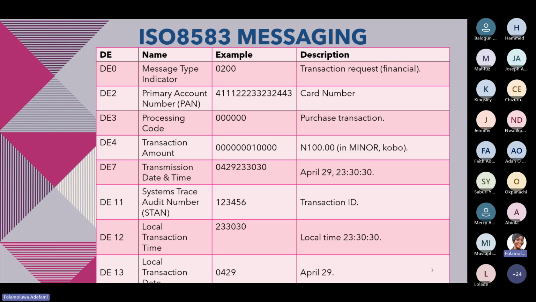For card transactions, the protocol used is ISO 8583. So what this means is that these messages also have fields, pretty much like we have in REST APIs. I'm sure a lot of us are familiar with REST APIs. And these fields contain data which is very important for the transaction processing.